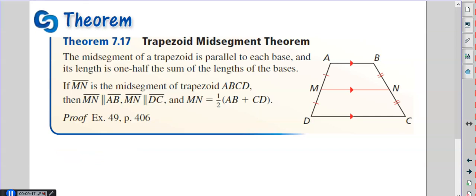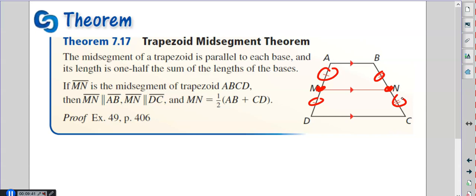The mid-segment theorem. This is an interesting one. The mid-segment of a trapezoid is parallel to each base and half the sum of the bases. So to be a mid-segment, remember it has to connect the midpoints. We see that from this and this. Okay? That means it's the midpoint.